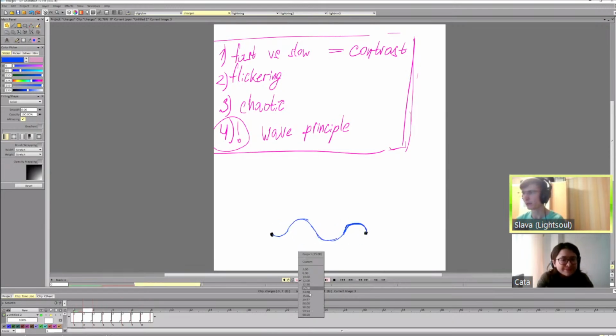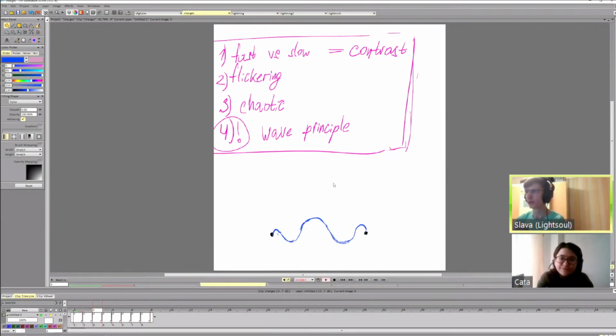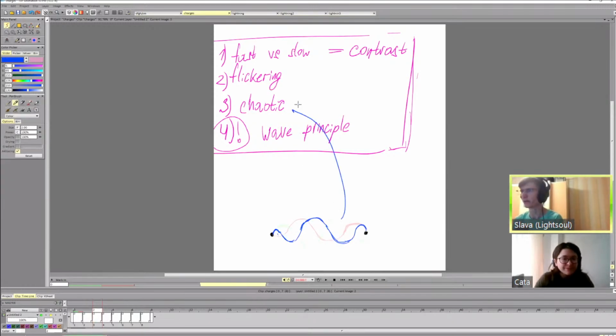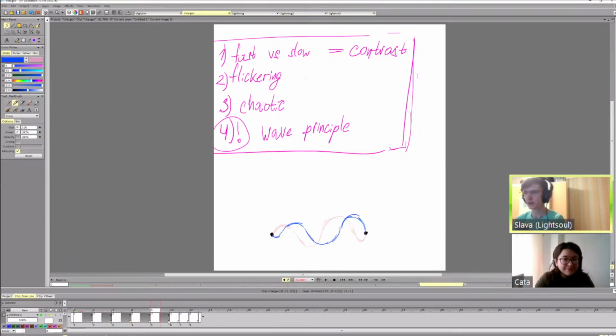So how do we make it more electrical? Coming back to our nodes, we can add flickering. So if we want to add flickering, what does it mean? The simplest way, and not the best way, but still working, we can delete every second drawing if we held the frames on 2s.